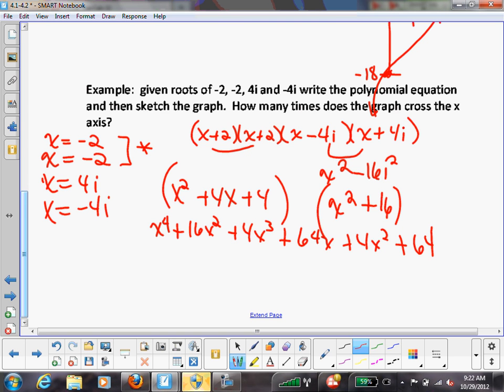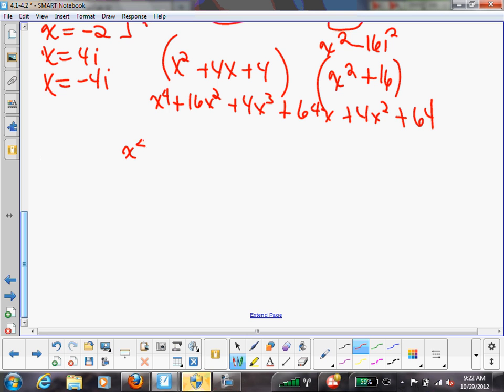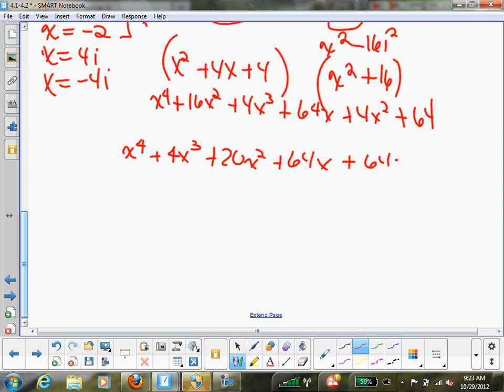So simplifying our like terms, I have an x to the 4th. I only have one term with x cubed. I have 20x squared. I have 64x, and 64 equals my f of x. How are we doing? All I did was combine my like terms.